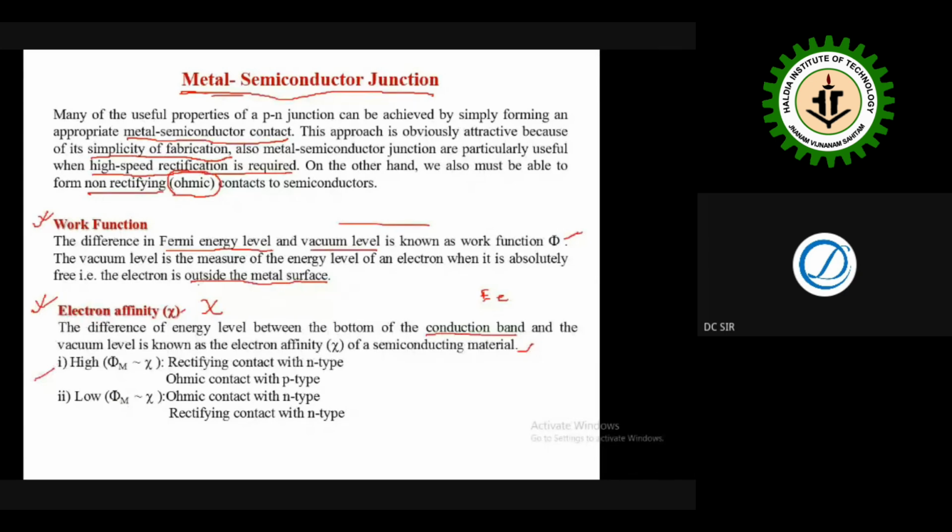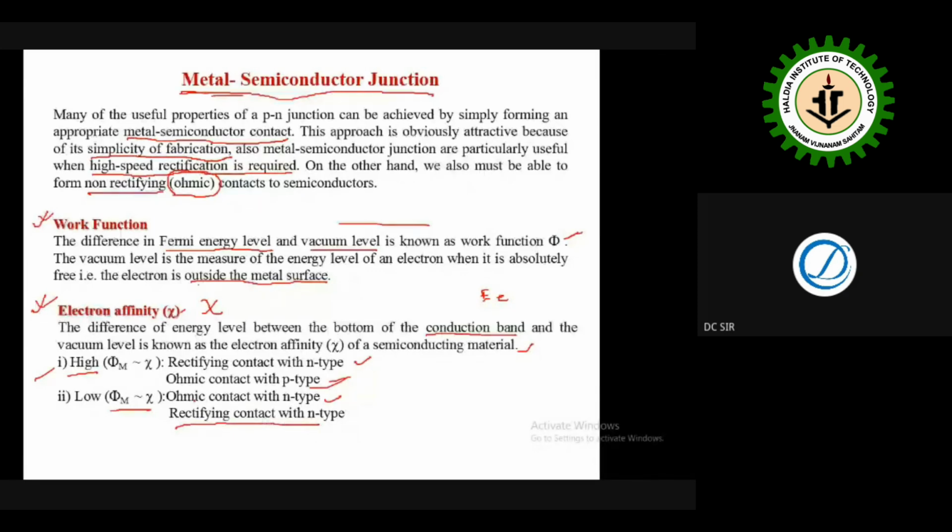Here we see that phi m, the work function of the metal (m for metal), compared with the electron affinity: if it is high, then metal with n type makes a rectifying contact and metal with p type makes an ohmic contact. When it is low, then metal with n type makes an ohmic contact and metal with p type makes the rectifying contact.